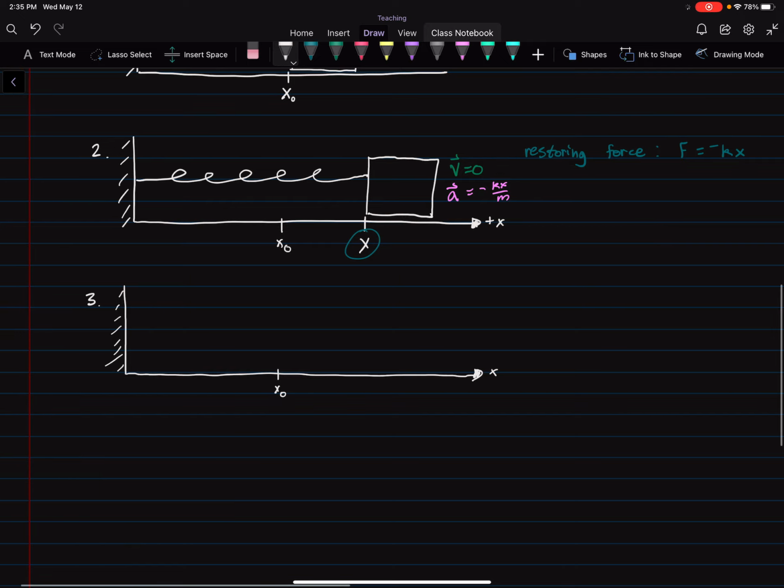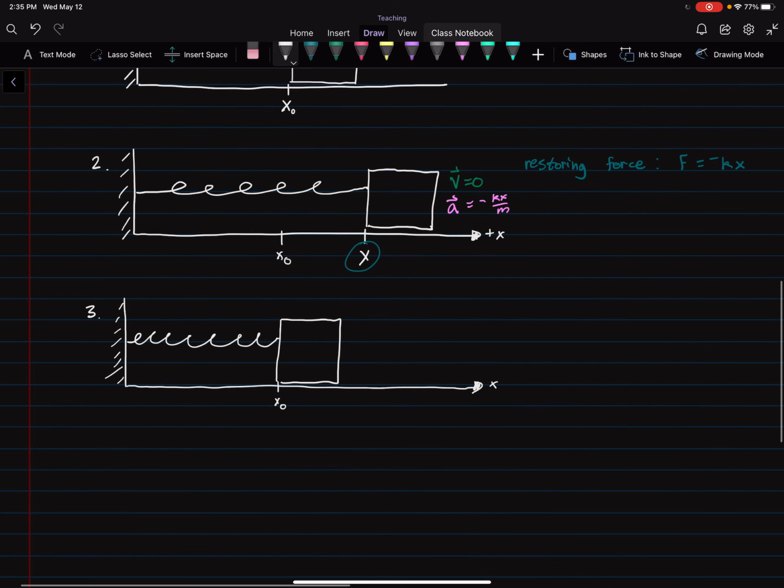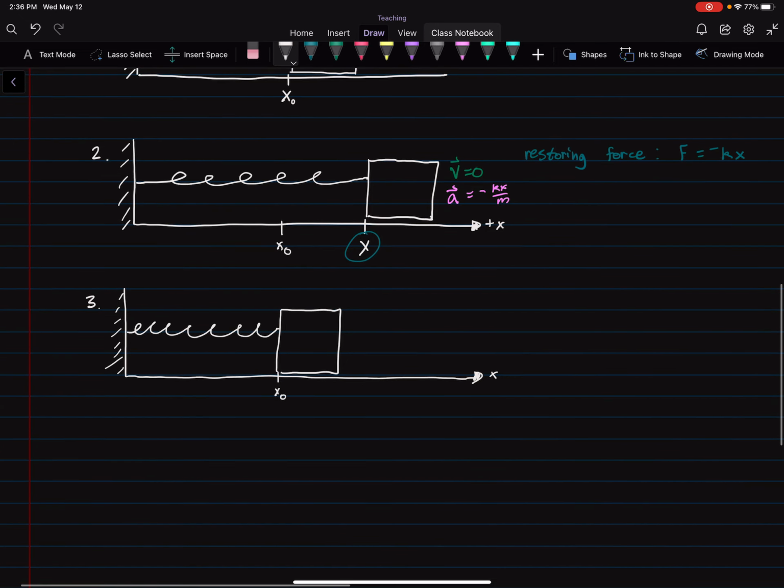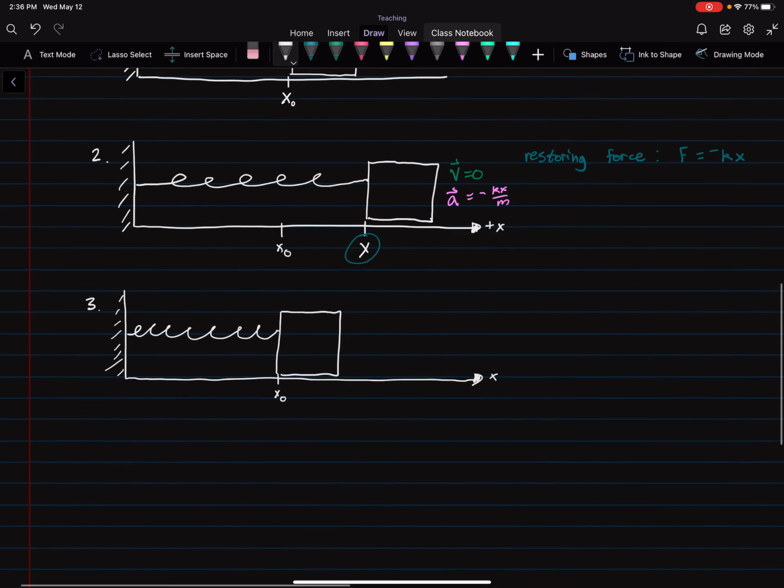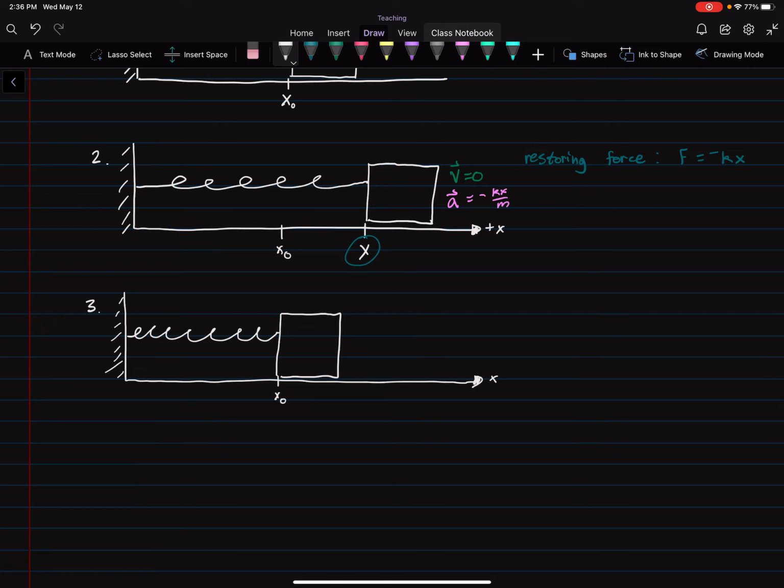All right, so now the spring is back here at x naught, but it's in motion. It doesn't just come right back to its starting position unless there's some damping force, but that's not how normal springs work. So it flies right past this position.